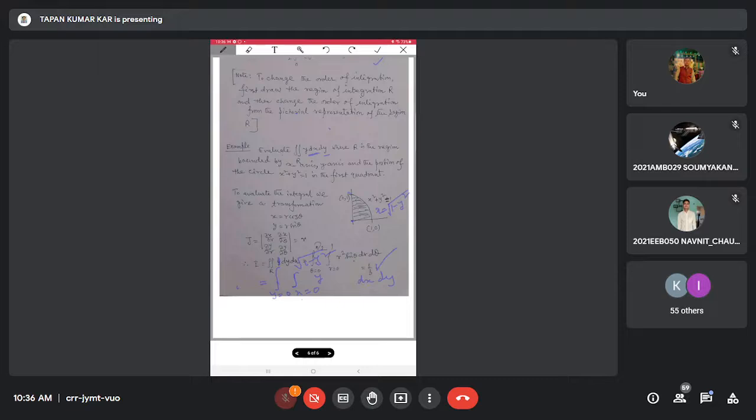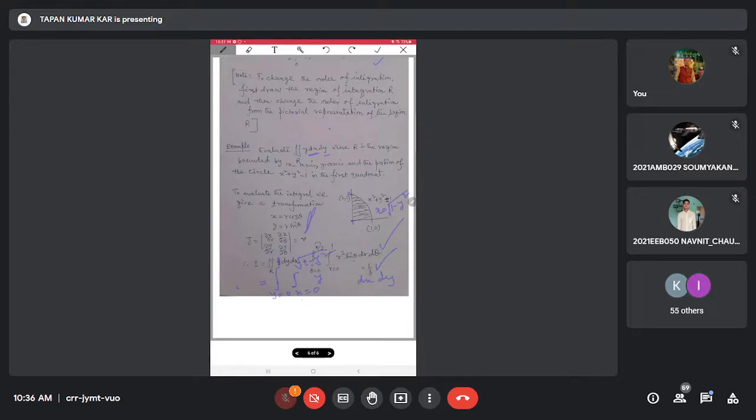As in the case of a single definite integral, you also know that if you give some transformation, like x equal to tan square theta or x equal to t square, it becomes easier to evaluate, but otherwise it is not possible. Here also, even if we do not give this transformation, we can evaluate, but it becomes easier.